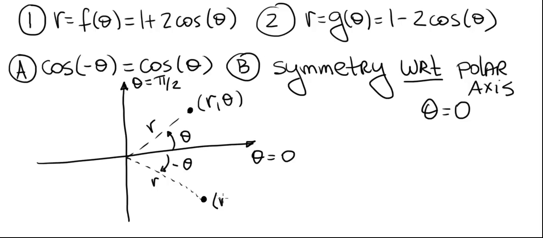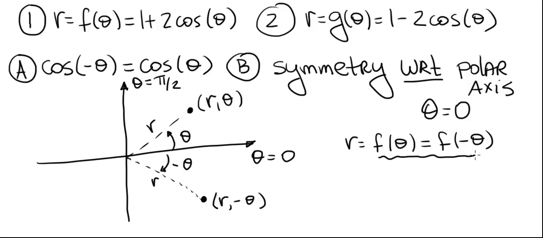Its polar coordinates are r and minus theta. So if r equals f of theta is the equation, plugging in minus theta for theta into f, if that gives us the same value of r, then we have detected symmetry with respect to the polar axis, or the line theta equals 0.